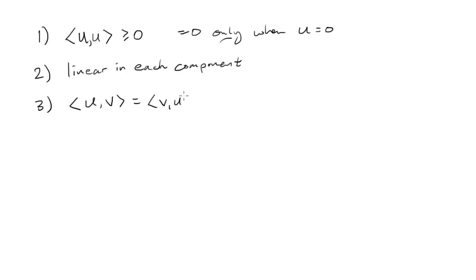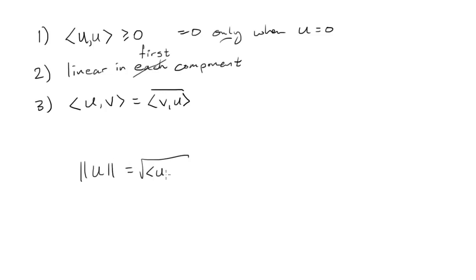So if I flip the roles, I take the complex conjugate. Because of number 3, number 2 is usually phrased as linear in the first component, which we saw from our examples, because the first component is really a transformation, so it's linear.